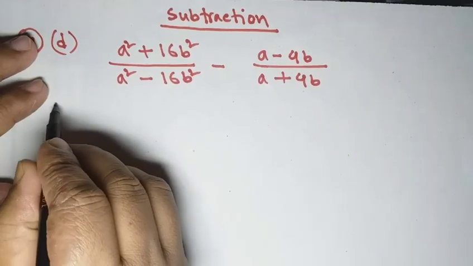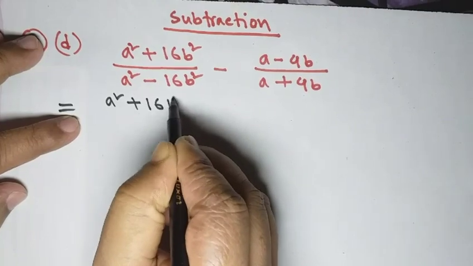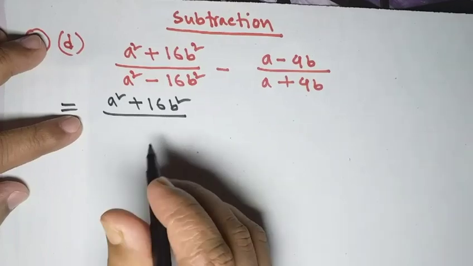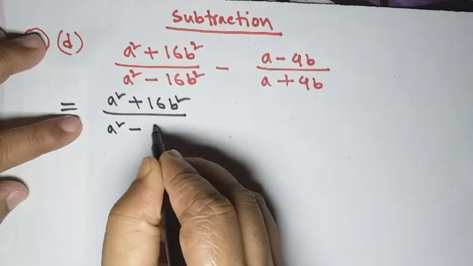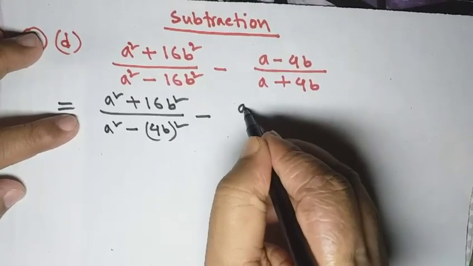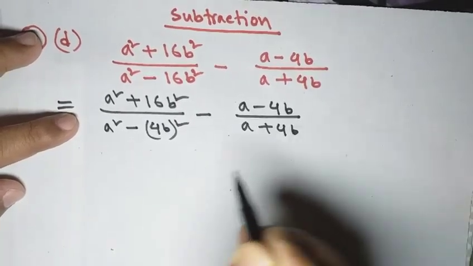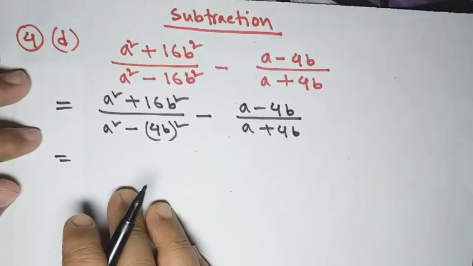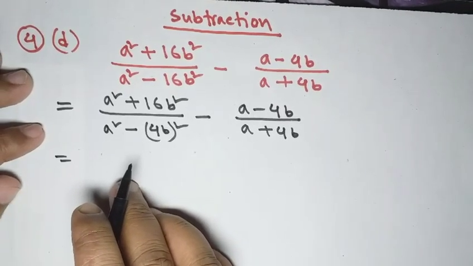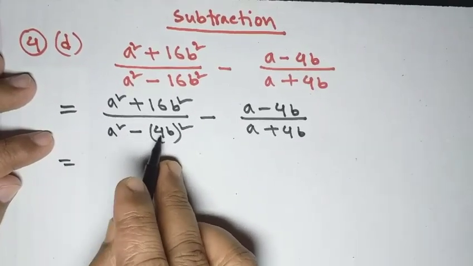First of all, we will write a square plus 16b square, and 16b square we can write as 4b whole square, a square minus 4b whole square. We can write minus a minus 4b over a plus 4b. So student, we know there is a formula of a square minus b square, that is a plus b into a minus b. So we can use this formula here.